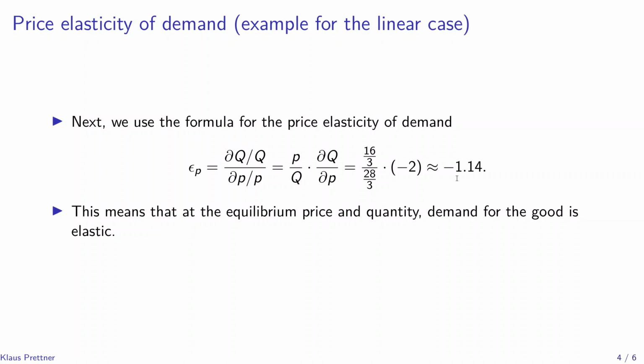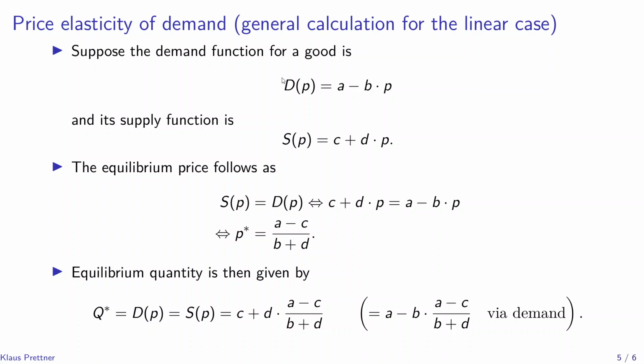That would mean that in this case, at the equilibrium price and equilibrium quantity, the demand for this good is elastic. It's negative, so as the price increases, demand for the good decreases, and it's greater than 1 in absolute terms, which means that for a 1% price change, demand would react by more than 1%.